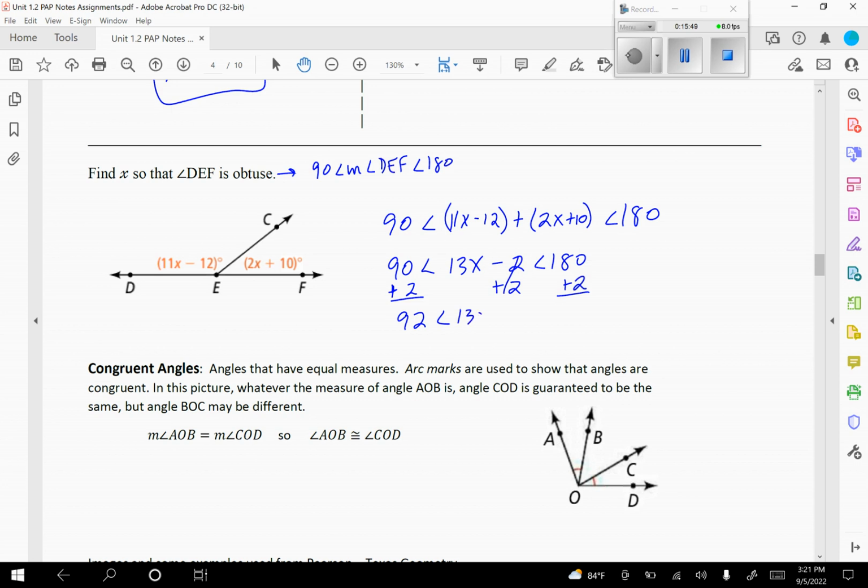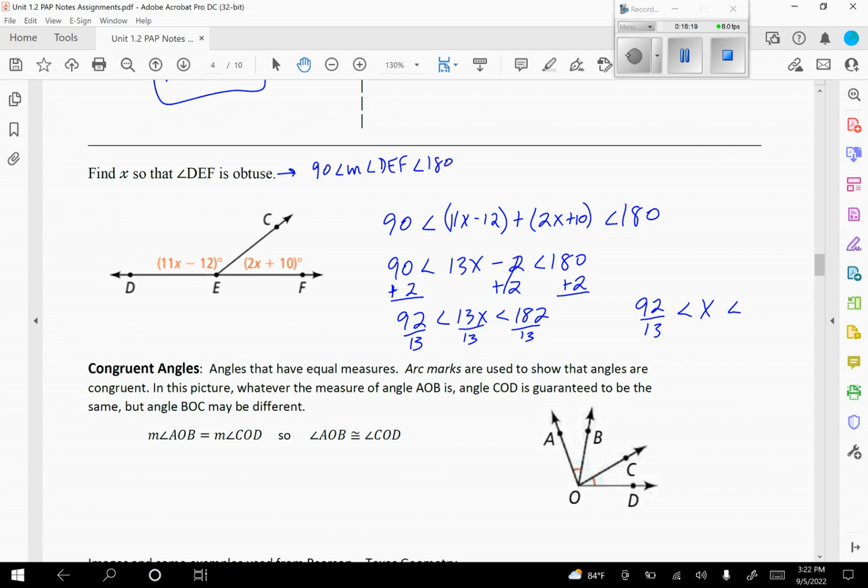So we have 13x, and then 182. And then your last step is just to divide by 13. So you just divide everything. So now we do 92 divided by 13, and we get 7.07, some wild number. It doesn't truly matter what it is at this point. So I'm just going to leave it as 92 over 13. Okay, and then we get 182 over 13.